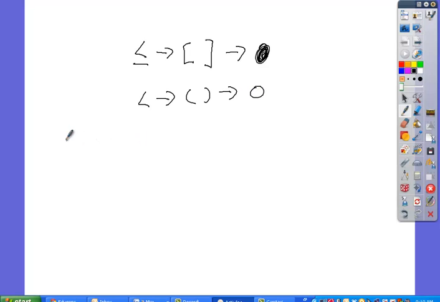And so my template for inequality notation is going to be smallest value, less than or equal to or less than, the variable I'm using, x, less than or equal to or less than the largest number. And so interval notation will do the same thing.